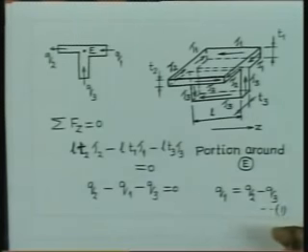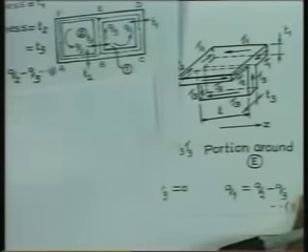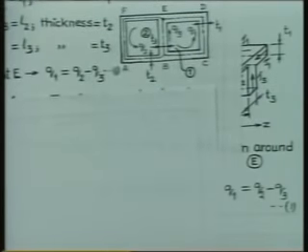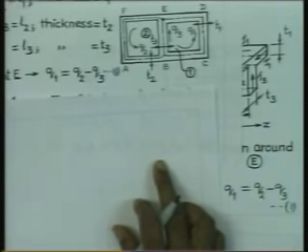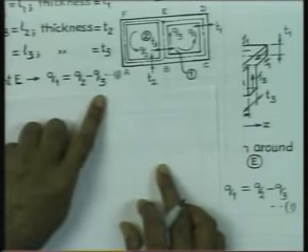See, from the flow consideration, we derived the relationship also, which is here. From the flow consideration, we derived that Q1 equals Q2 minus Q3.